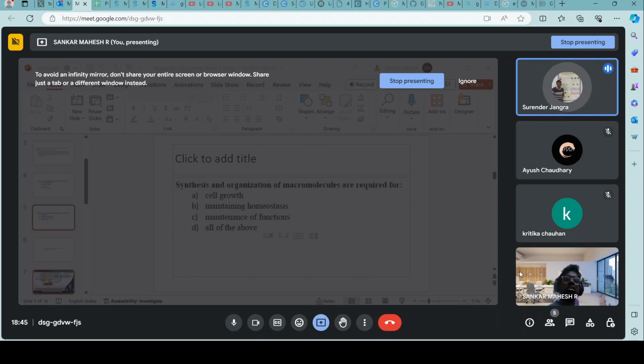For this, the cell has to take molecules from its environment. Also, the cell has to excrete the waste material outside the cell. So, for the transport outside and inside, some proteins are required. Macromolecules are required. Also, maintenance of the calcium balance inside the cytoplasm also requires proteins. So that's why I think B is correct.